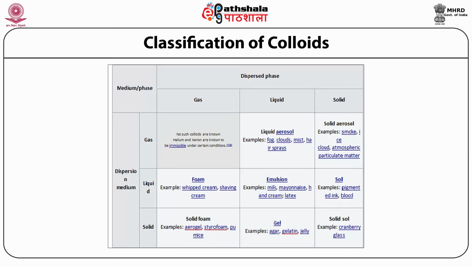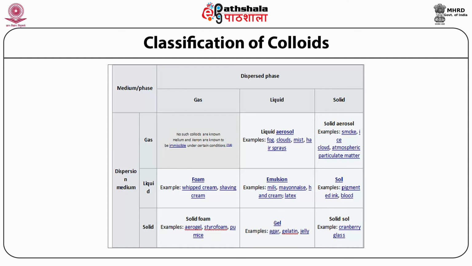Whereas, when the dispersed phase is liquid and the dispersion medium is gas, then it is liquid aerosol, for example, fog or clouds, and so on. Similarly, when the dispersed phase is solid and the medium is gas, then it is called solid aerosol.